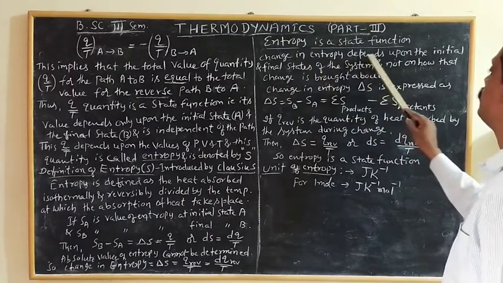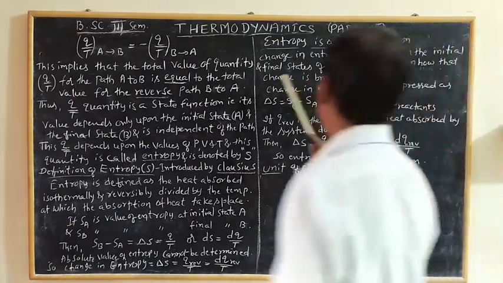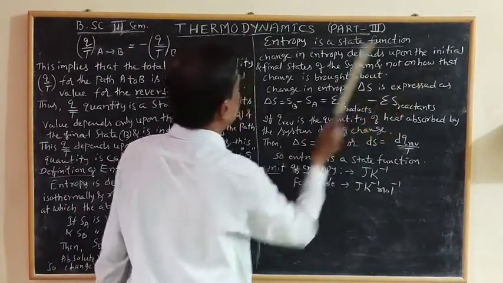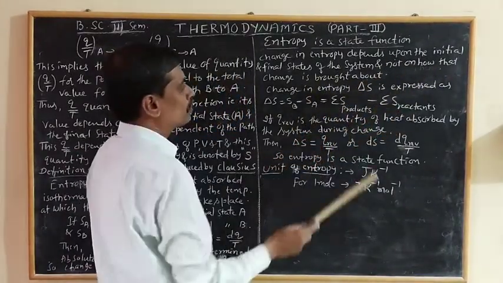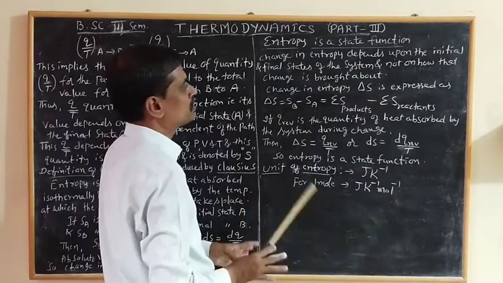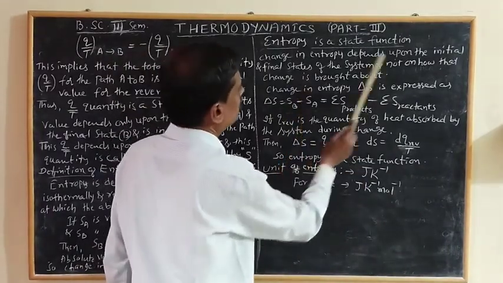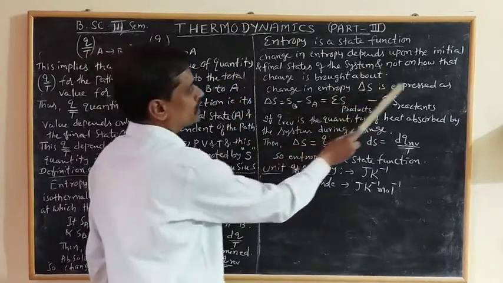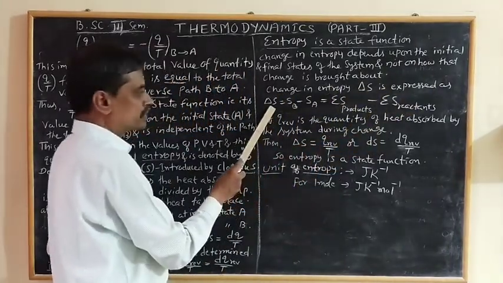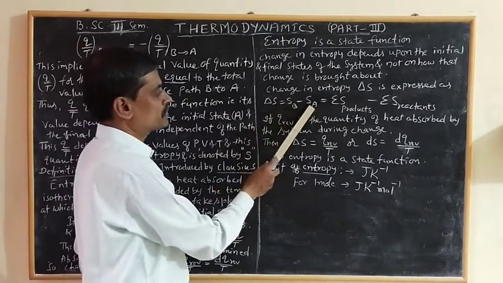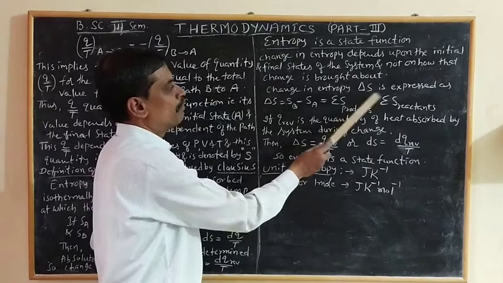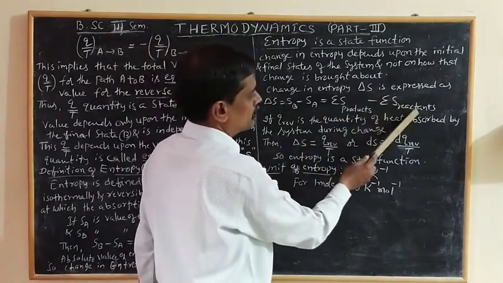The change in entropy depends upon the initial and final states of the system and not on how that change is brought about. Whatever the path, we have to concentrate mainly on going from the initial state to the final state. This change in entropy, delta S, is expressed as, as we have already studied, delta S is equal to S products minus S reactants, that is, the summation of the entropy of the products minus the summation of the entropy of the reactants.